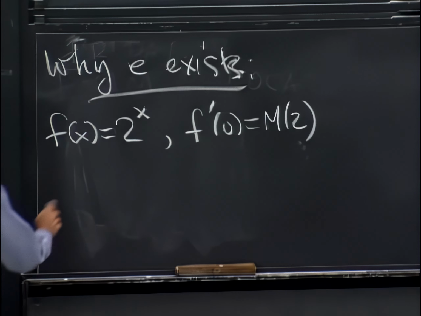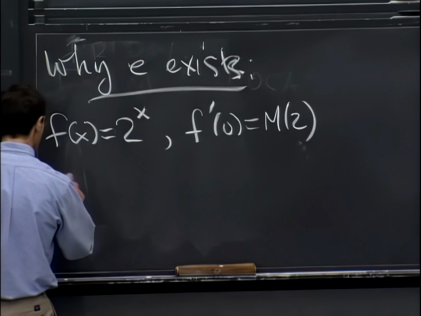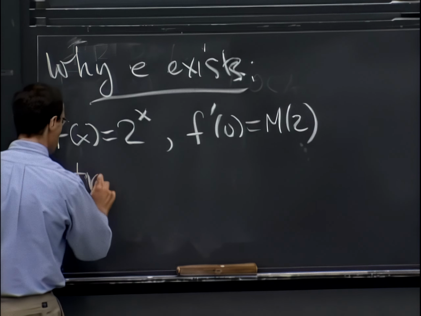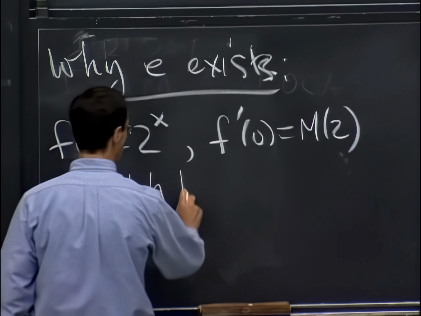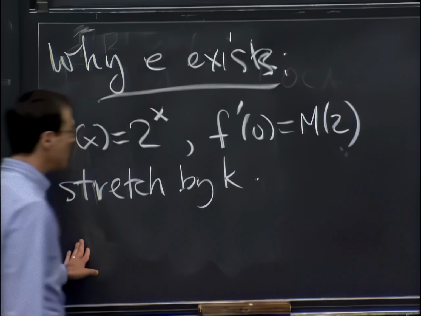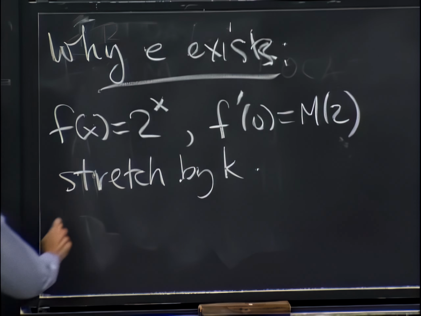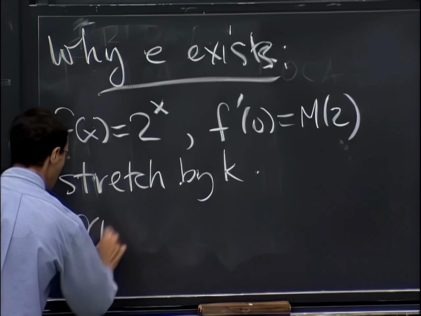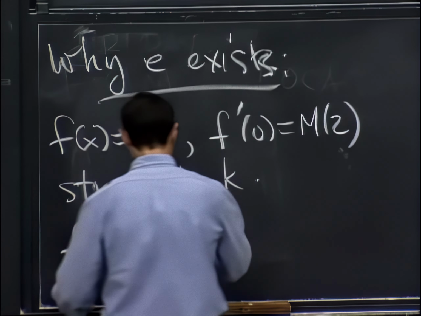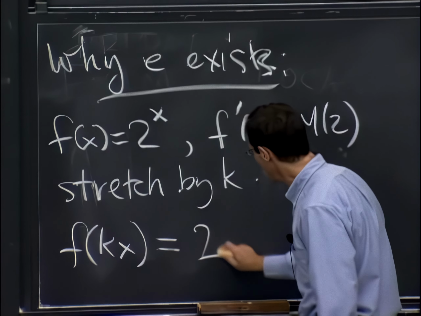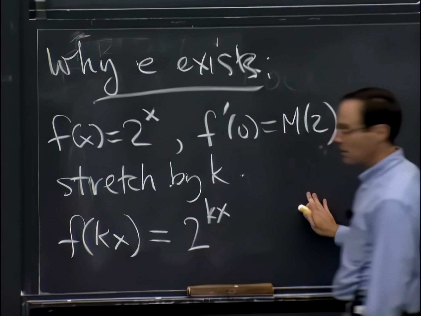So now what we're going to consider here is any kind of stretching. We're going to stretch this function by a factor k, any number k. So what we're going to consider is f of kx. Now, if you do that, that's the same as 2 to the kx, right?